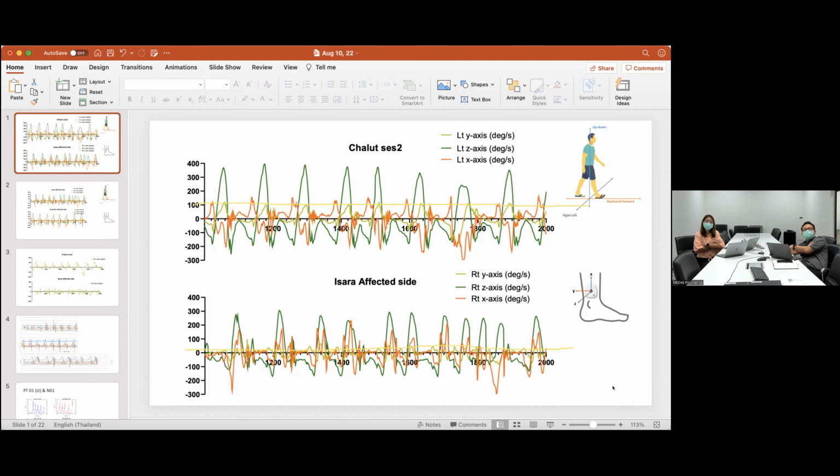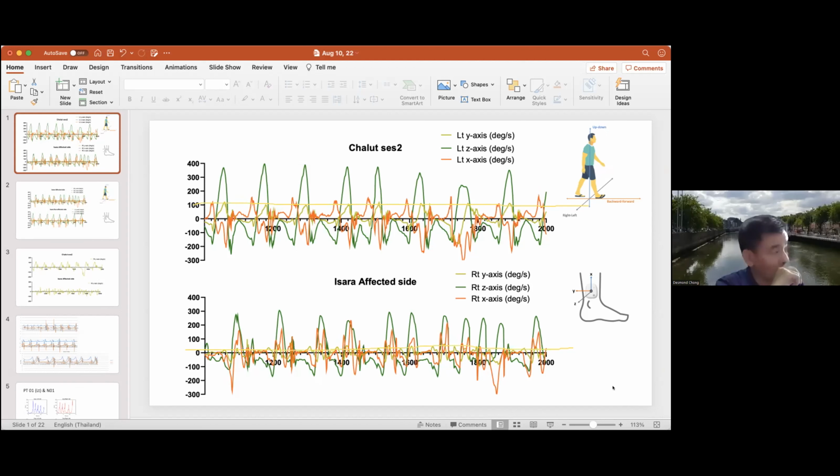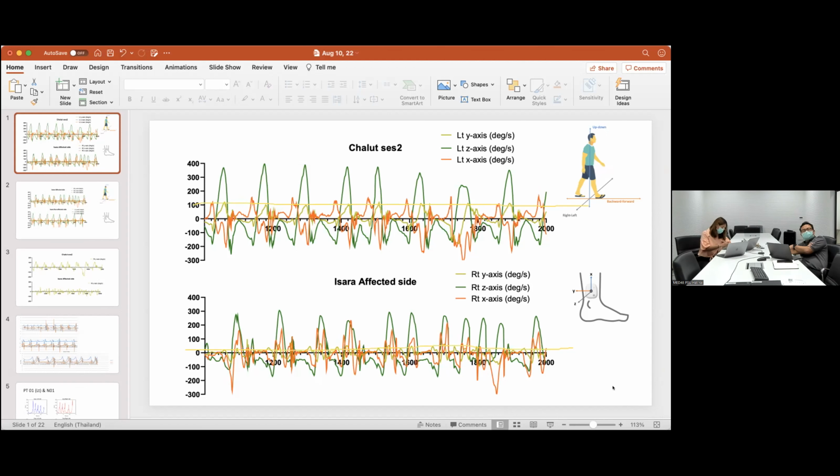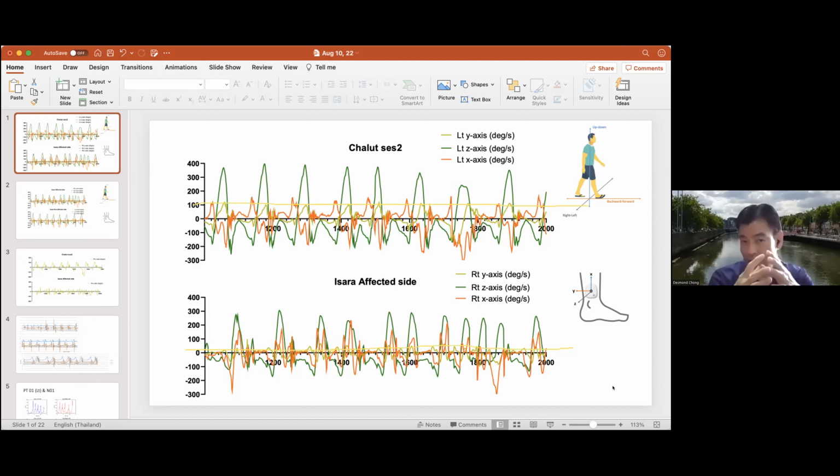So I'm a bit interested. In the healthy subjects, they even swing, because your y-axis is pointing anterior-posterior, right? That means it's about the frontal plane. They even have 100 degrees per second of angular velocity, so they are swinging in the frontal plane.